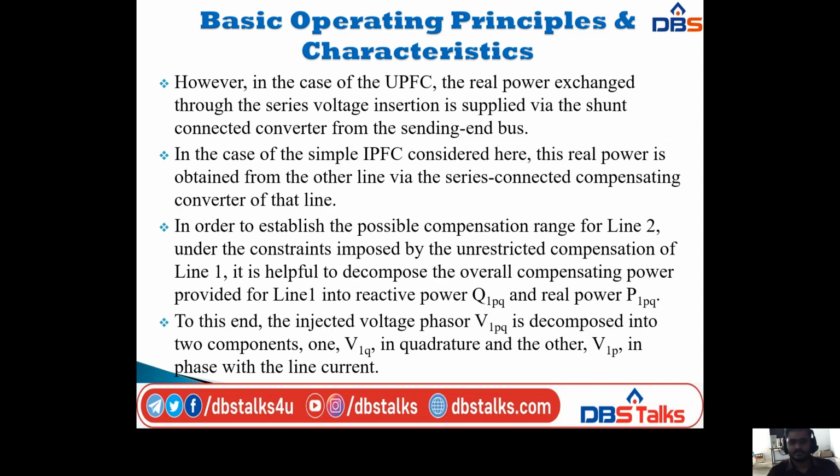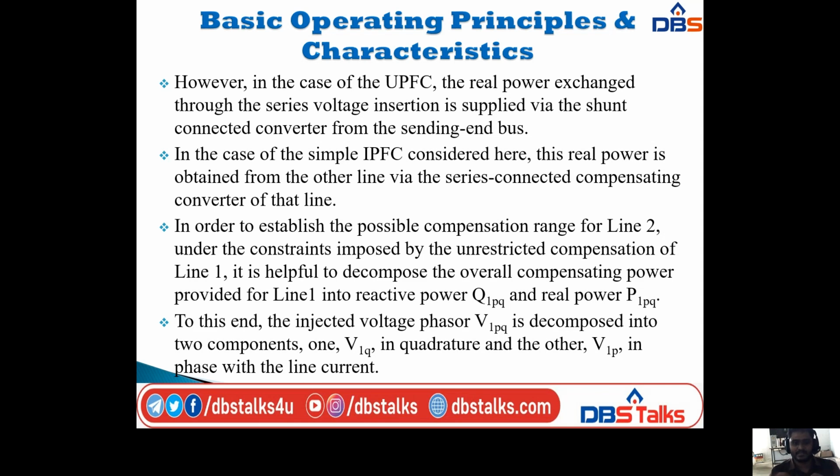However, in the case of the UPFC, the real power exchanged through the series voltage injection is supplied via the shunt connected converter from the sending end bus. But in the case of the simple IPFC considered here, real power is obtained from the other line via the series connected compensating converter of that line.